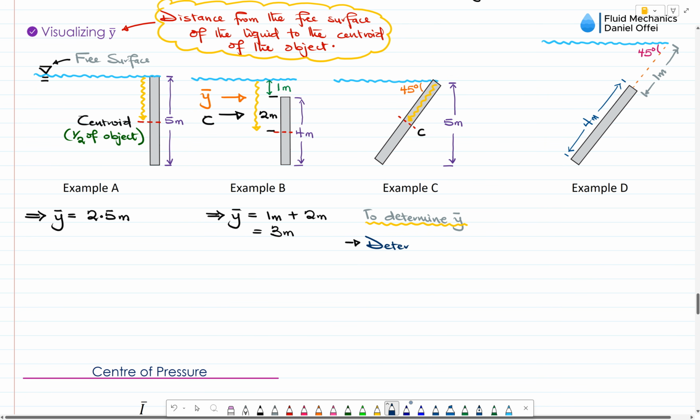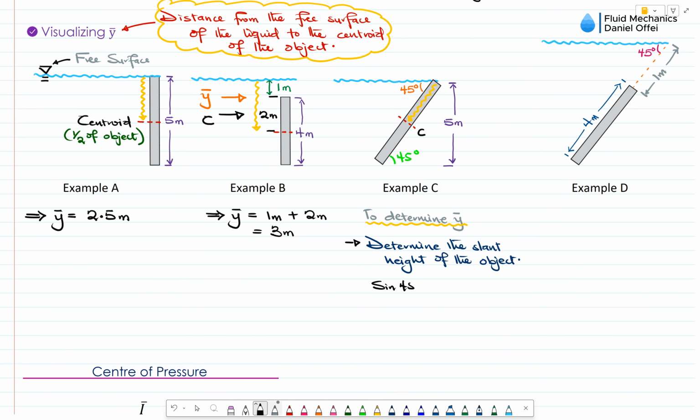For this third example, we need to determine y bar by first determining the slant height of the object. And when we have determined the slant height of the object, we can just divide it into 2, where the centroid is, and then we can say y bar is equal to the distance from the surface to the centroid.